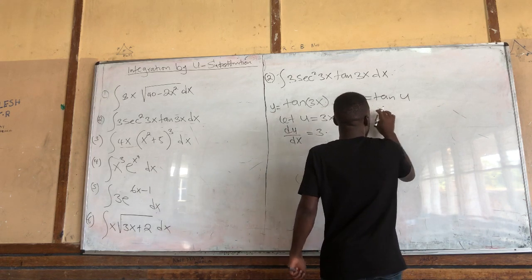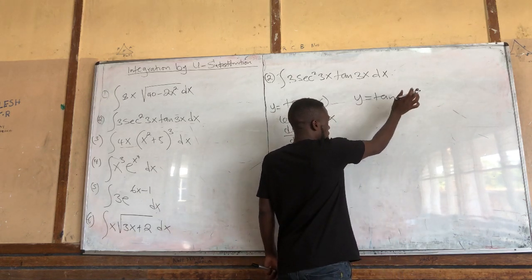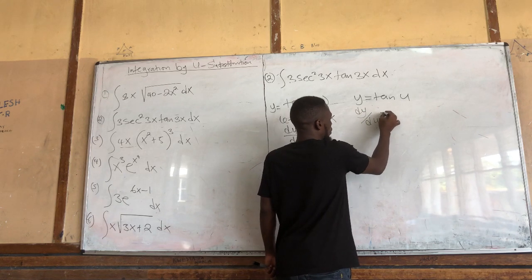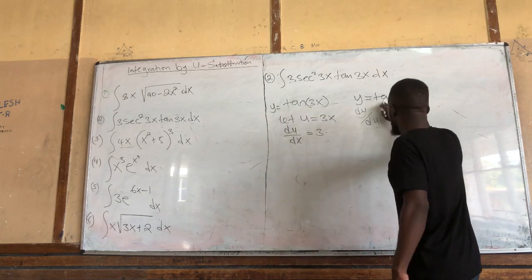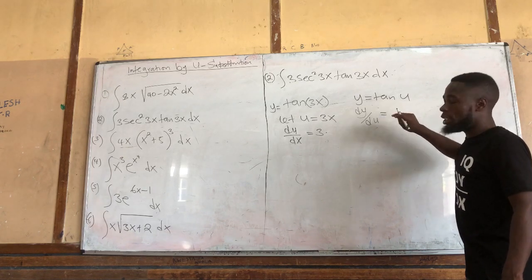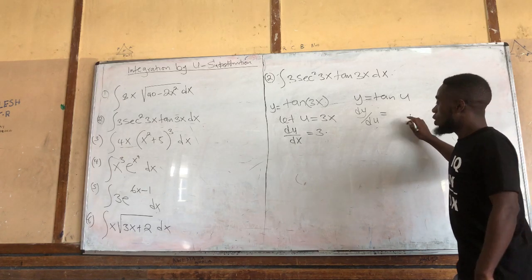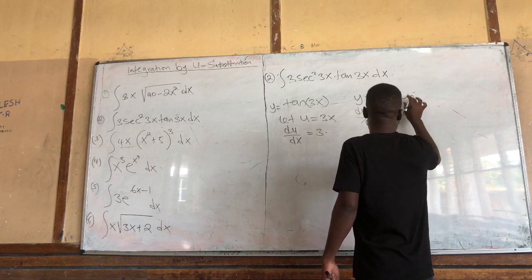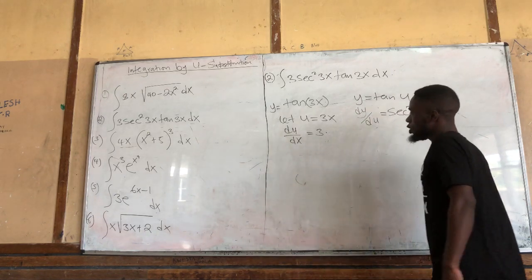So we can now differentiate y with respect to u. dy du is equal to, when you differentiate tan, what's the answer? We say sec squared u here.